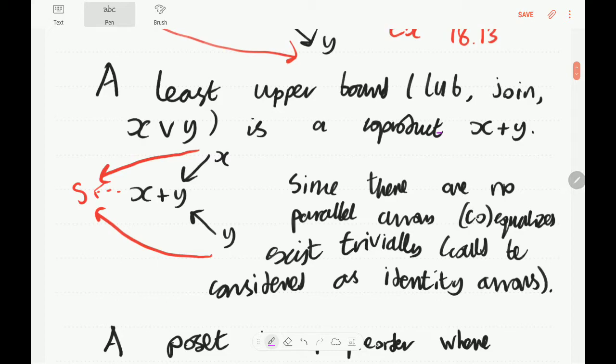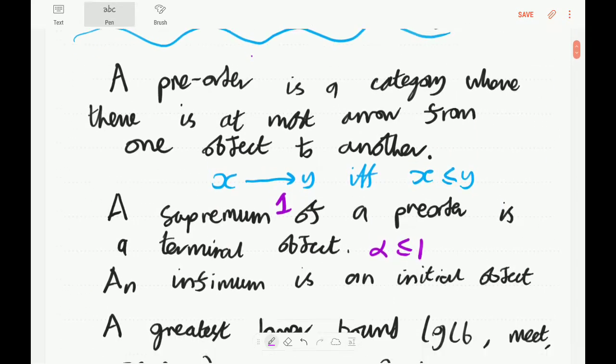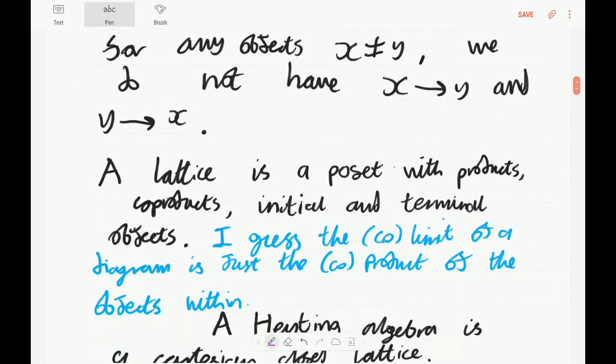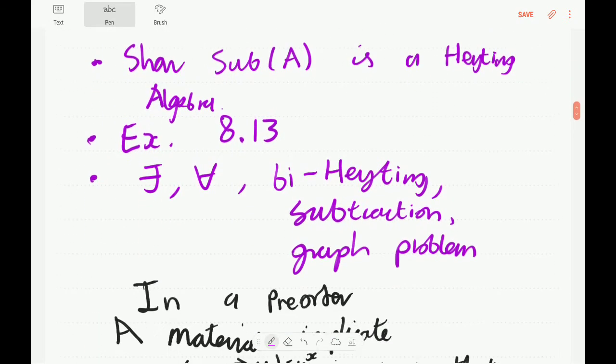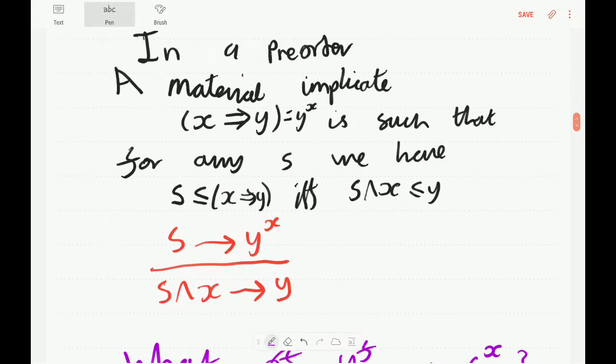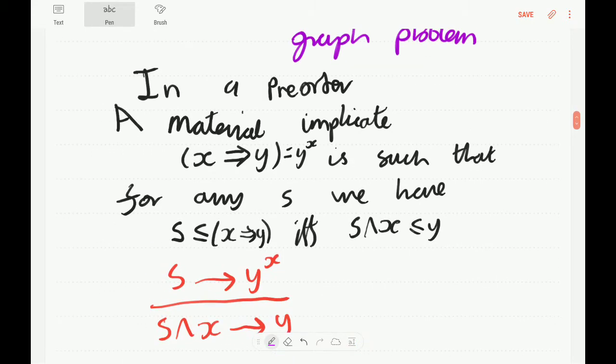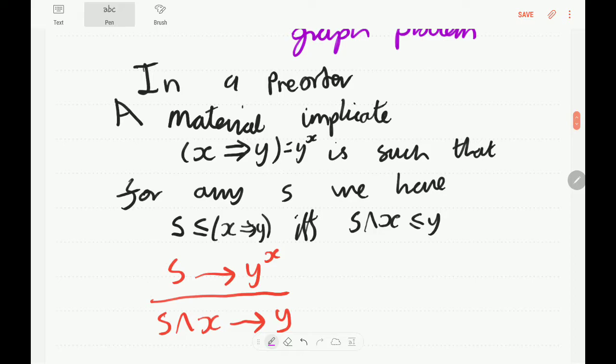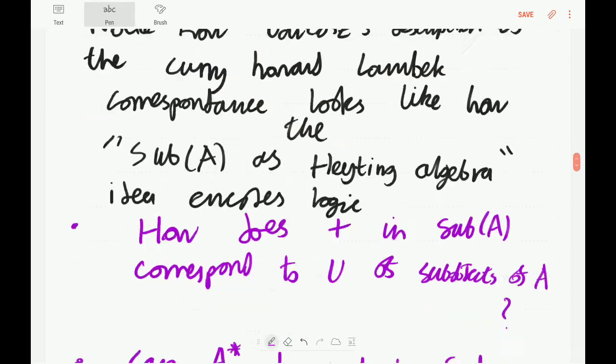Since there are no parallel arrows, equalizers and coequalizers trivially exist for these pre-orders. Also, in a pre-order, an exponential object, like Y to the power of X, is a material implication.